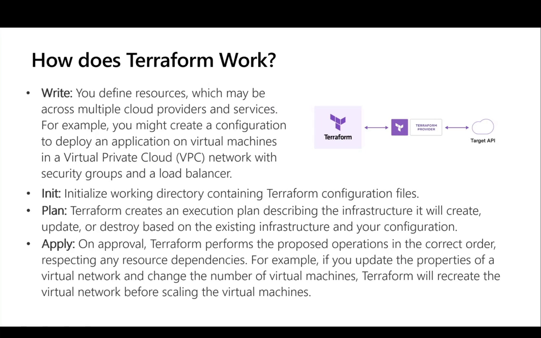Then you do the plan, and you can think of Terraform plan as a dry run to validate your configuration files and identify which resource is a new resource, which resource is an update, versus which resource you are trying to delete or destroy. So it goes through the Terraform plan, and then you finally apply the plan. And during the apply, it goes through all these configuration files to execute your provisioning.